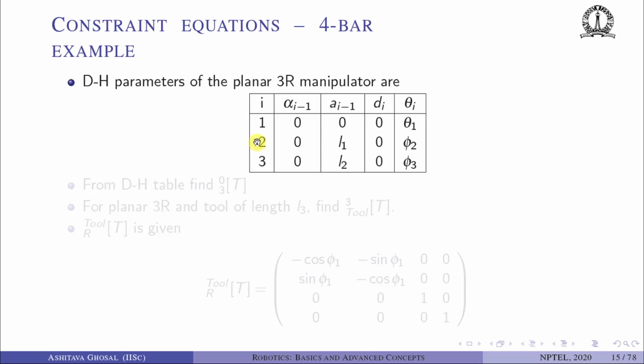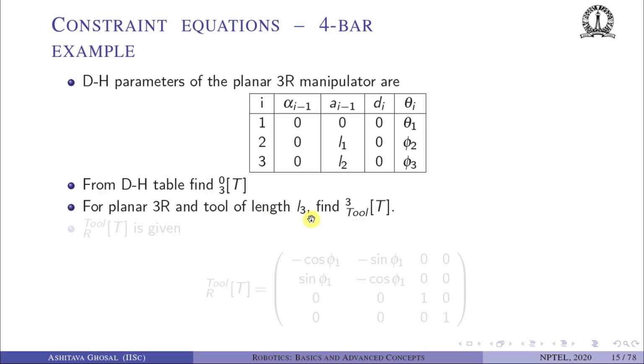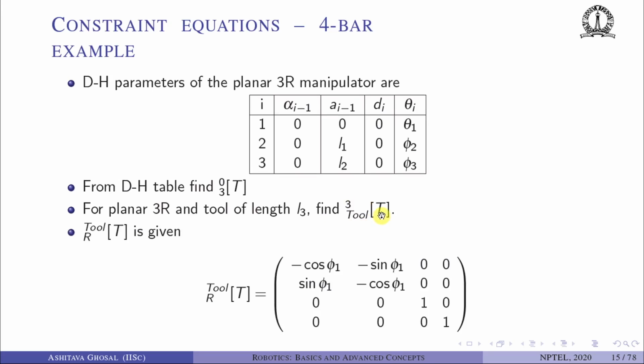So we can obtain the DH table. From this DH table, we can find 0-3-T. The first row will give 0-1-T, the second row will give 1-2-T, and the third row will give 2-3-T. Then we multiply those three transformation matrices and we obtain 0-3-T. For the planar 3R, the tool of length L3 is given, so we can also find 3-tool-T. And then we can also find the tool with respect to the right-hand coordinate system.